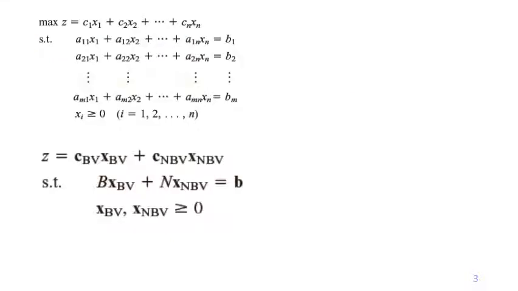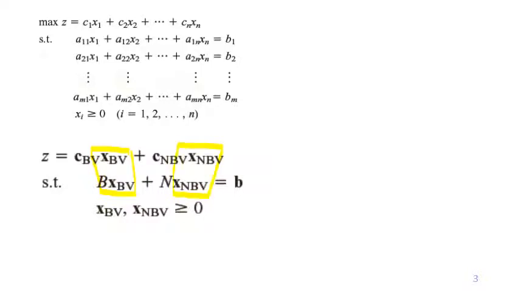Same as before, we start with the fact that we may regroup how we write our linear programming model based on whether the variables are basic variables, they go to one part, and the other term consists of variables that are non-basic variables. So these terms consist of basic variables, and this part consists of non-basic variables.